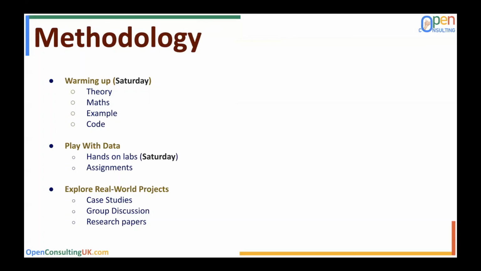We'll be showing examples with code. Then we'll be having hands-on. We'll be sharing assignments so you can go back and work. We'll be exploring real-world projects, so we'll have discussions, case studies, and research paper discussions.